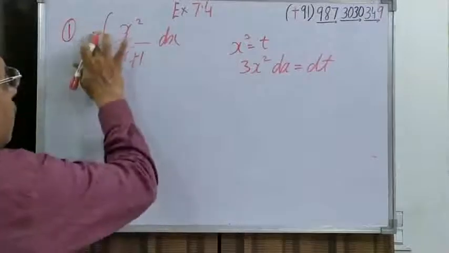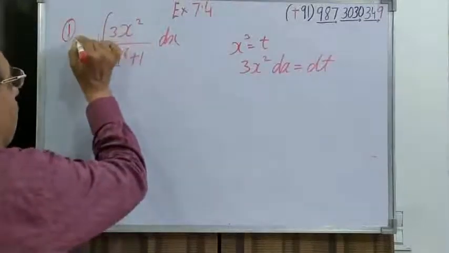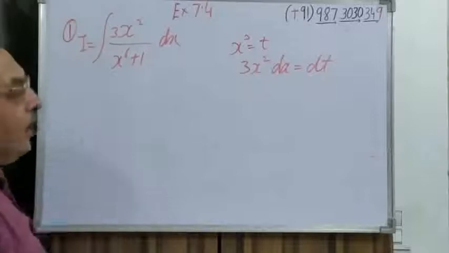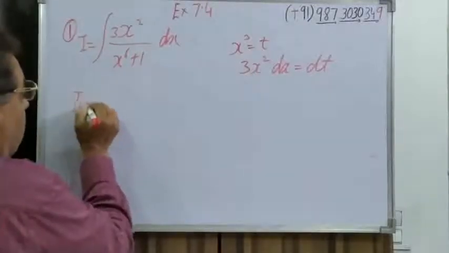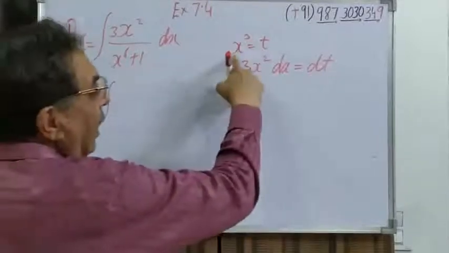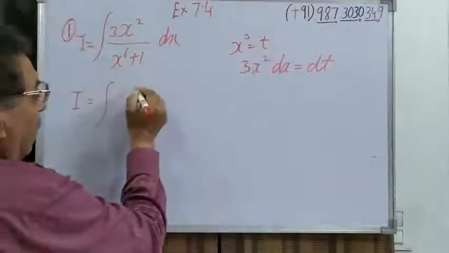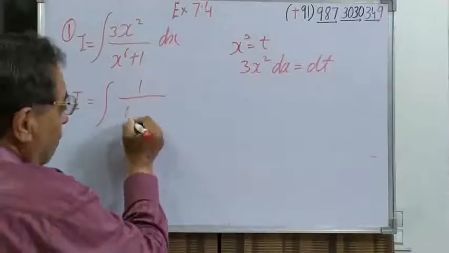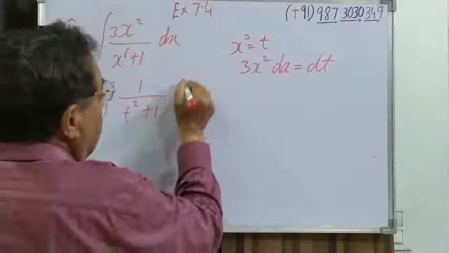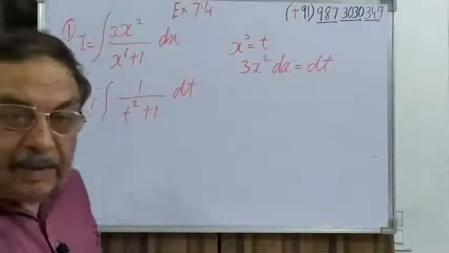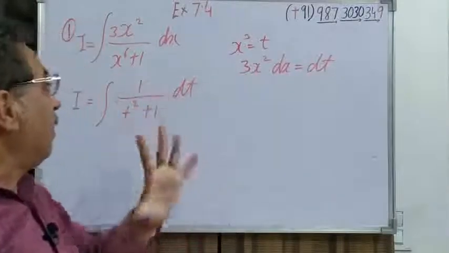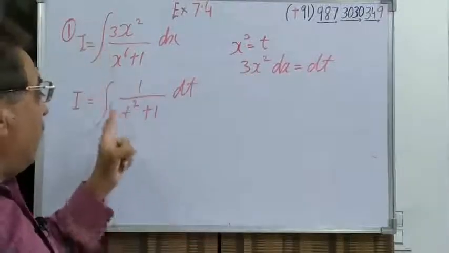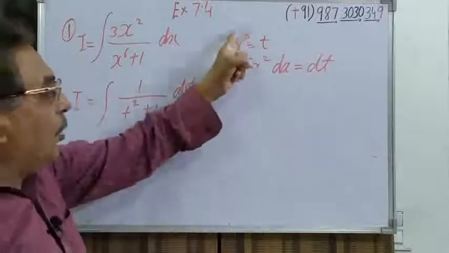Here in the question we already have 3x square dx, that is dt. So it gets converted into 1 upon x to power 6 plus 1 into dt. What I have done: 3x square dx is written as dt. x to power 6 can be written as x cube whole square.